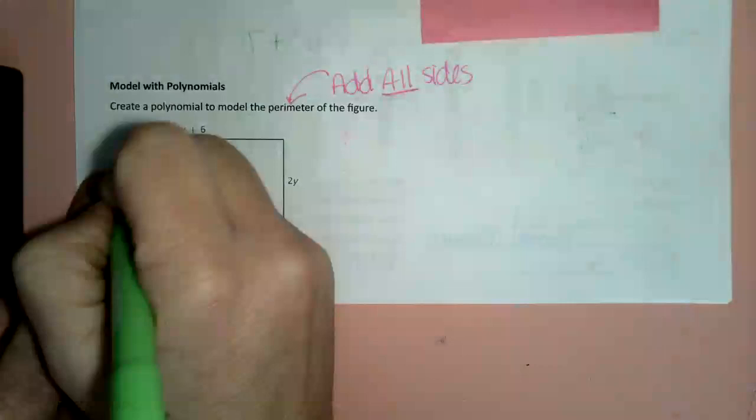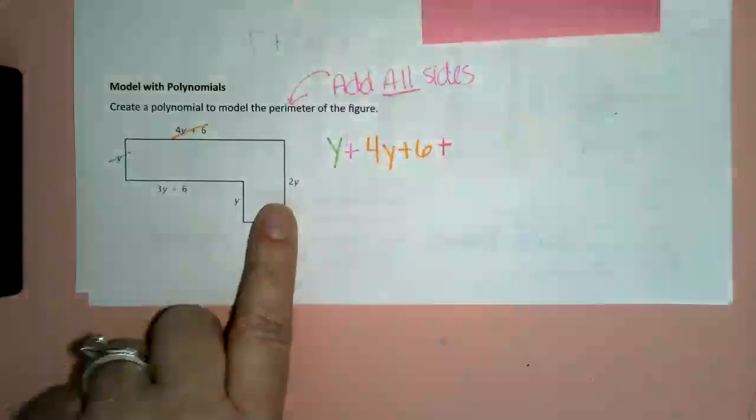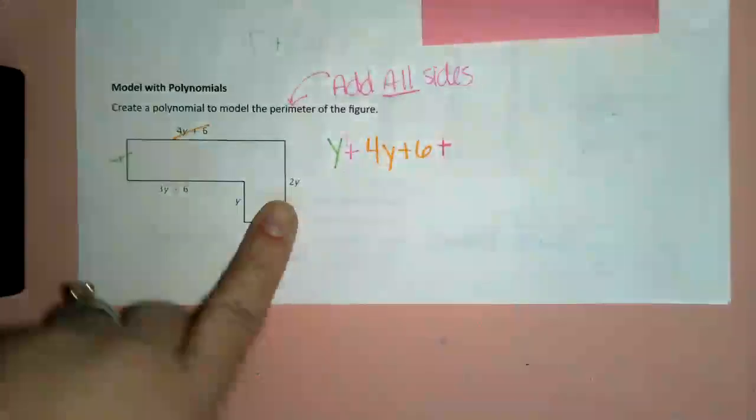And then I have a plus sign because I'm adding it. The next side I'm going to write down is 4y plus 6. That's this one. And then I'm going to have a plus sign because I'm adding it. The next side I'm going to write down is 2y. So that's that one.